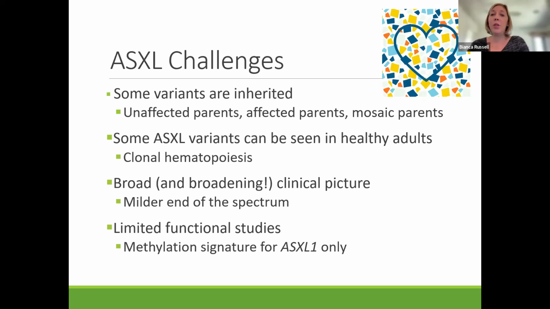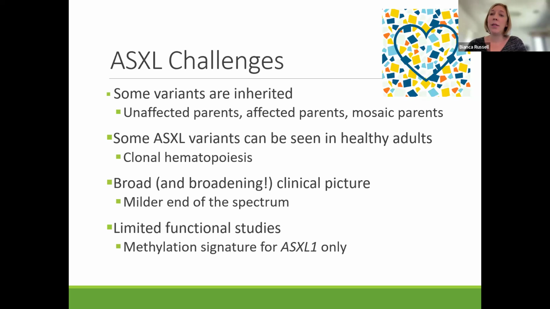And one of the biggest challenges we have still is limited functional studies. So we talked a little bit about functional studies being one of the tools we can use to understand a genetic variation. And so these are, again, studies that are often done on patient cell lines. So, either blood or cheek or skin samples, and studied in the laboratory setting to actually see what is the effect of that DNA change on the protein or some intermediate in the process.